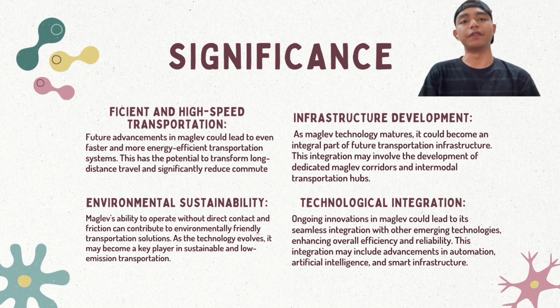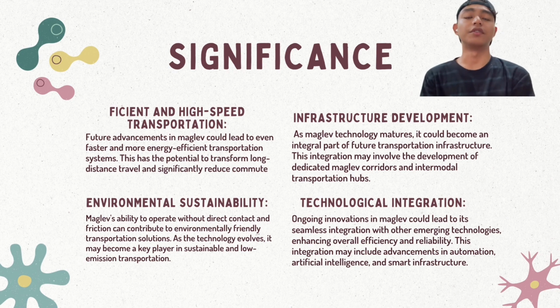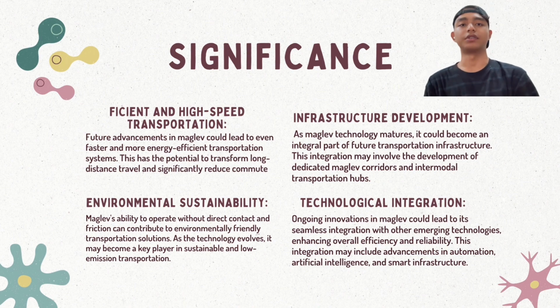This integration may involve the development of dedicated maglev corridors and intermodal transportation hubs. And lastly, technological integration. Ongoing innovation in maglev could lead to its seamless integration with other emerging technologies, enhancing overall efficiency and reliability. This integration may include advancements in automation, artificial intelligence, and smart infrastructure.